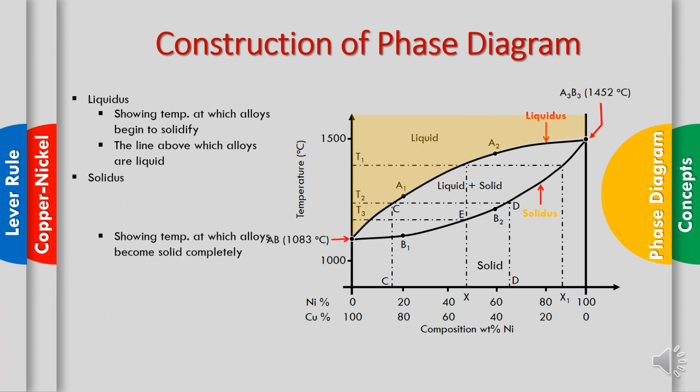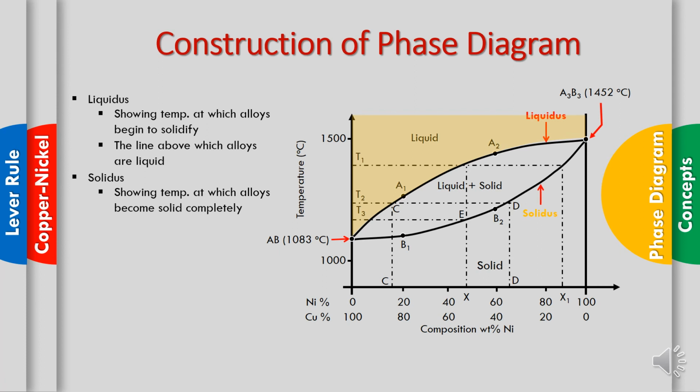For the solidus, it shows the temperature at which the alloy becomes completely solid. It can be represented in this red color.